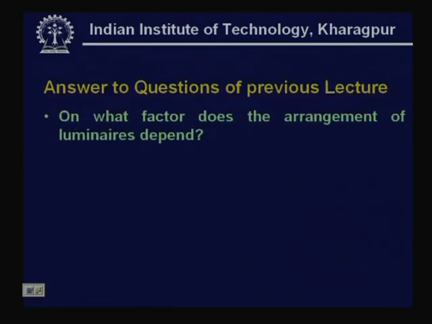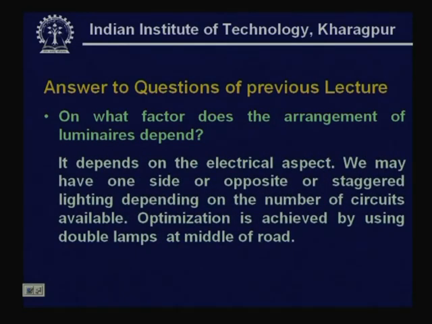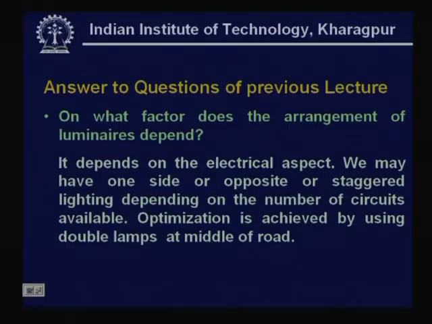On what factors does the arrangement of luminaires depend? Among the various factors, first and foremost of course is the required illuminance level as per the CIE guidelines, which depends on the road traffic density and the nature of the road. It also depends on the ease of providing circuits.